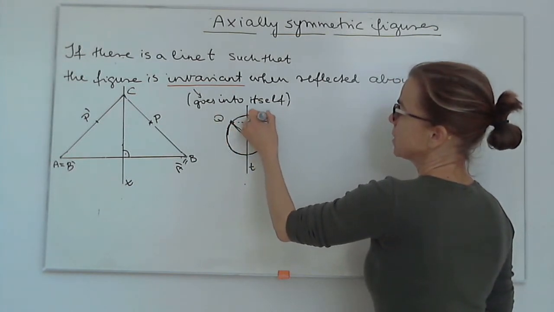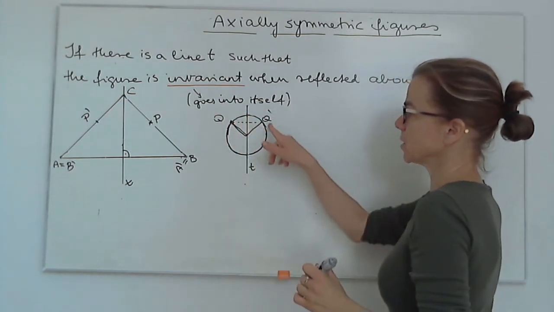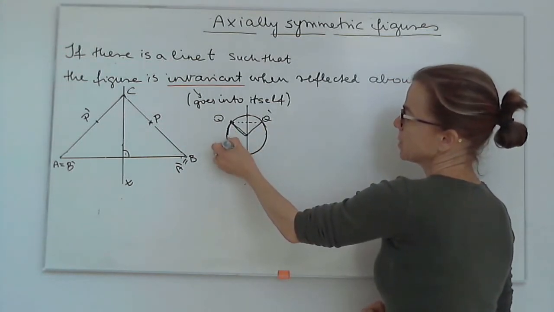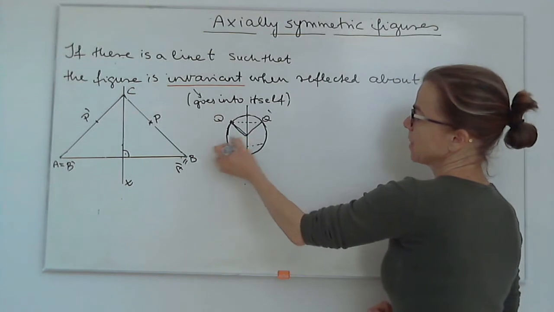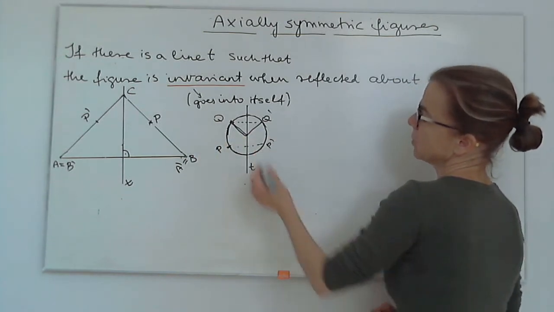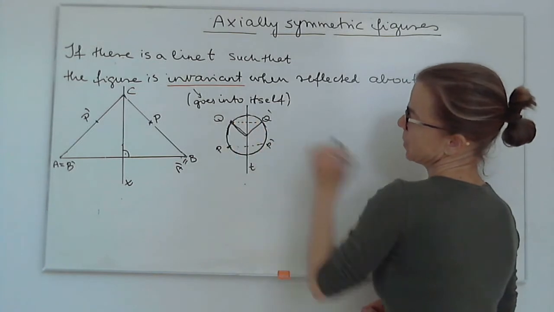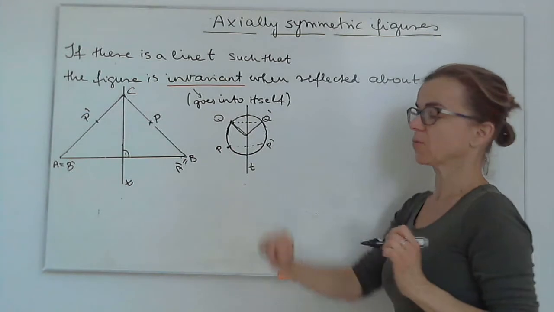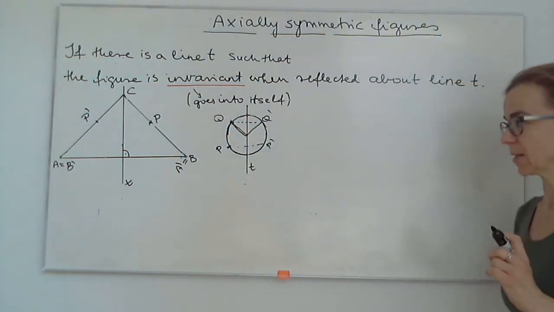Therefore, the image is also going to be on the circle. Any point you pick, its axially symmetric pair is going to be again on the circle. This actually forms, as you can see, the two radii, and this dashed line forms an isosceles triangle.